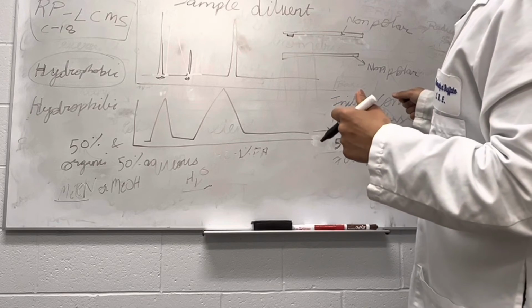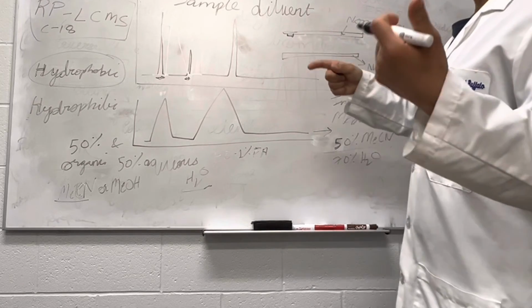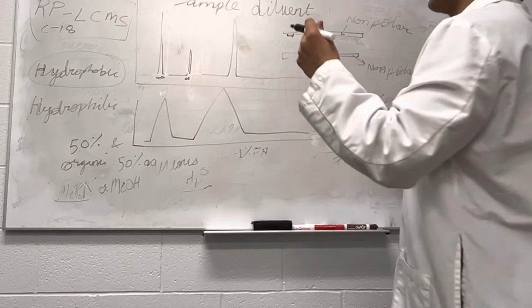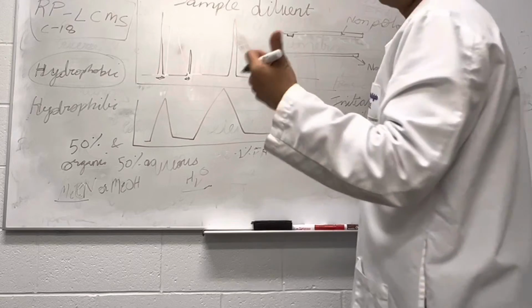This could be the case with acetonitrile. In this case, we will get less peak widening compared to the previous case.